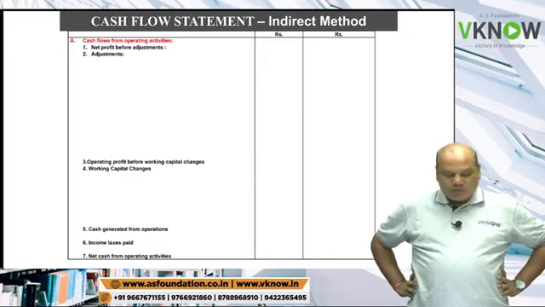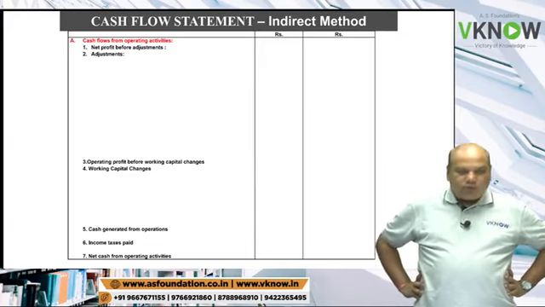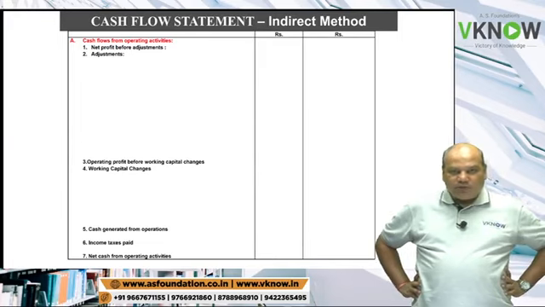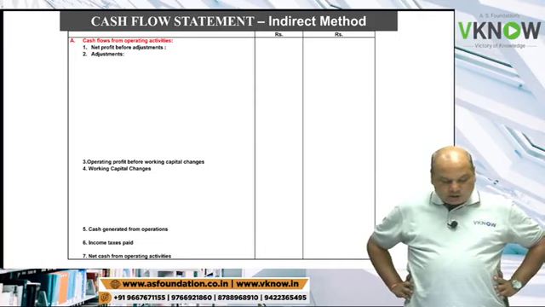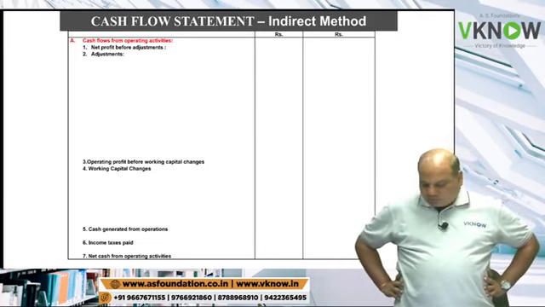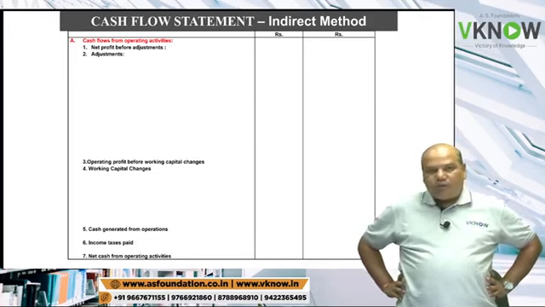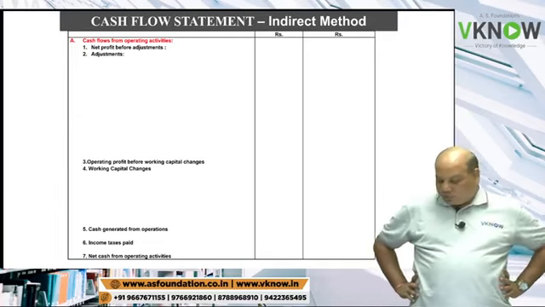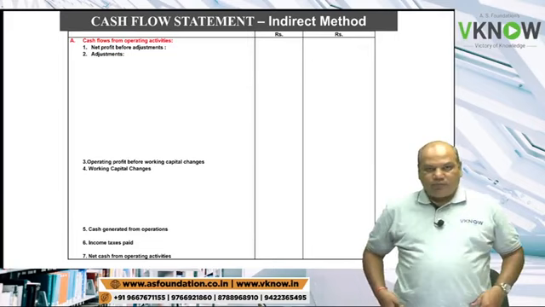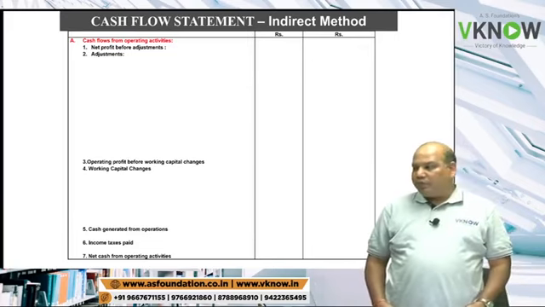First point A, cash flow from operating activities. Under that we have point number 1, net profit before adjustments.